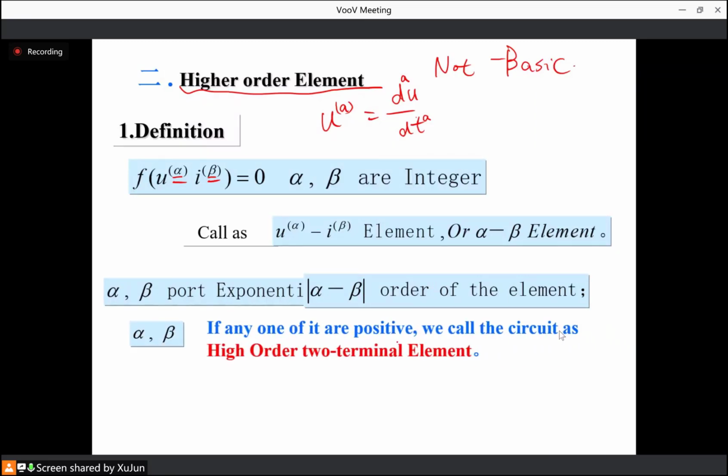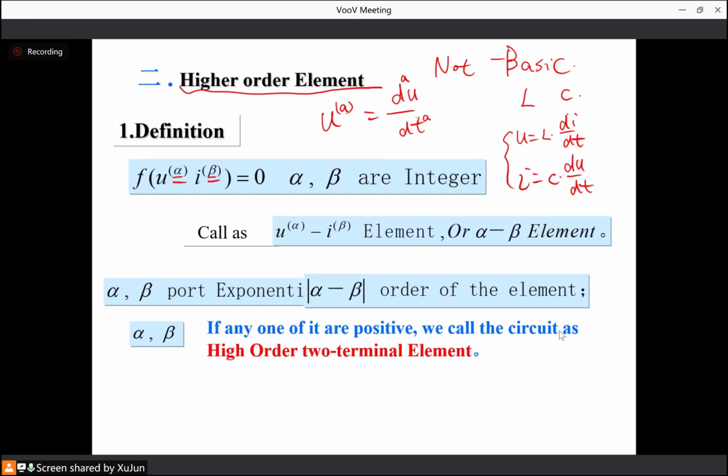If any one of them is positive, we call the circuit element a high order two-terminal element. For the L and C, U equal to L di/dt, and for C, I equal to C du/dt. This is first order.